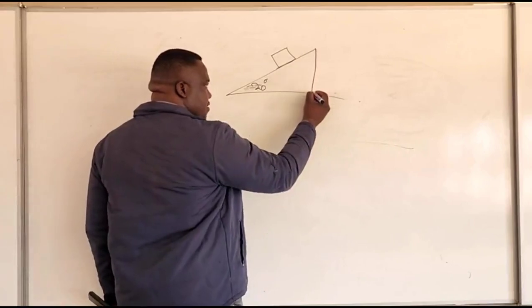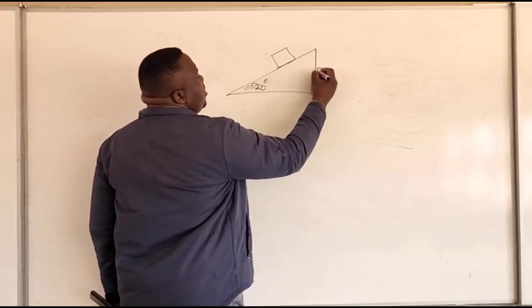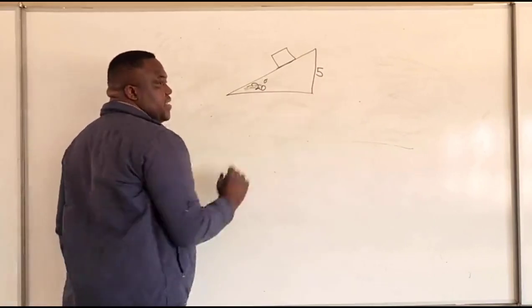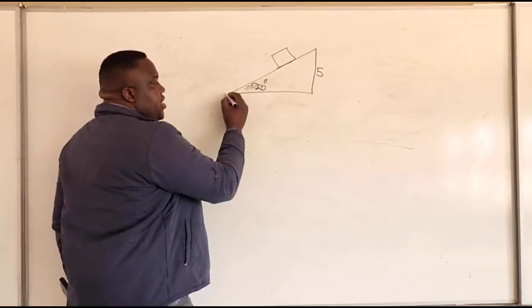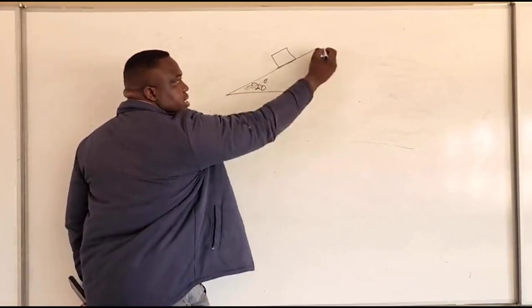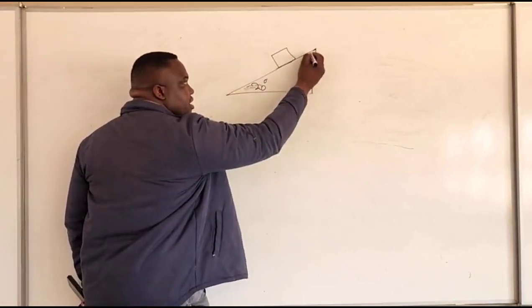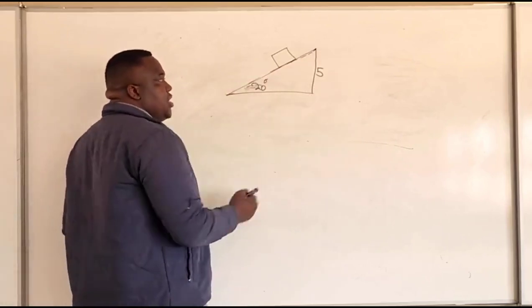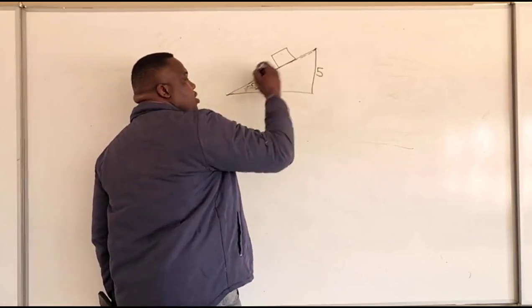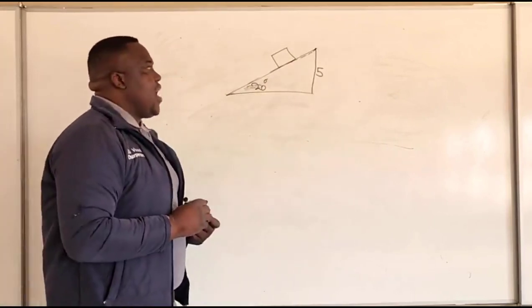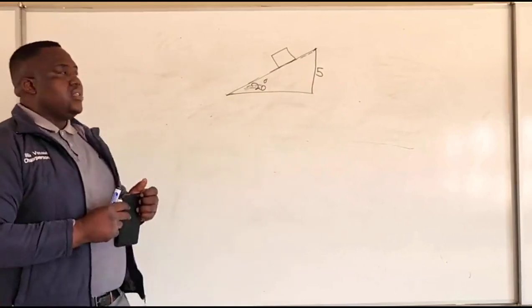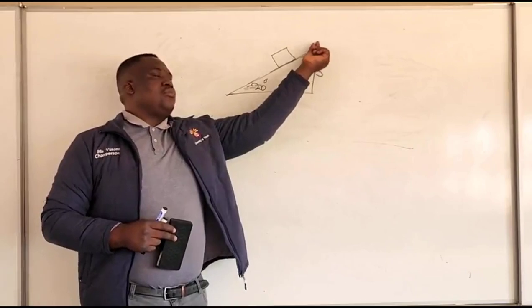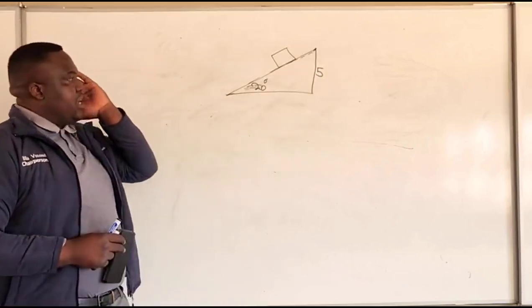Then you are given the height of the incline, and that height is 5. Notice that you are not given this displacement of the surface where the box is. You are just given the height. You are told that the box is moving from this point to this point. The box was just captured or drawn when it was here, but it is coming from this height. Calculate the work done by gravitational force.